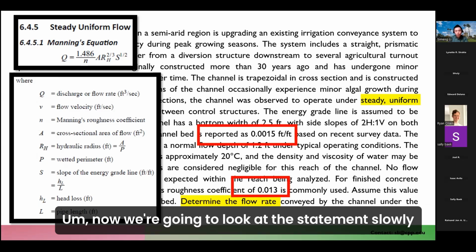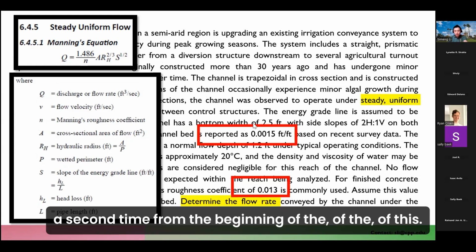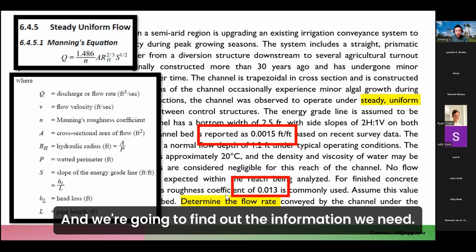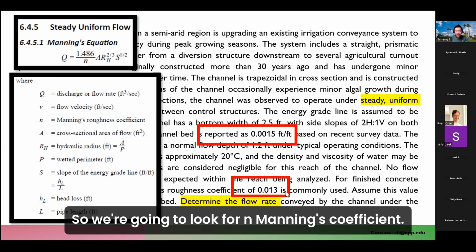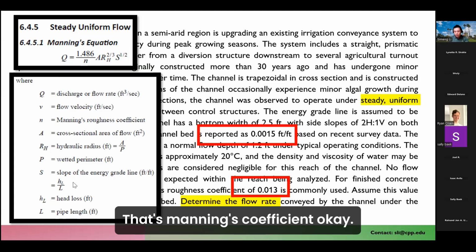Now we're going to look at the statement slowly, a second time from the beginning, and find out the information we need. So we're going to look for n, Manning's coefficient. We have that circled, 0.013. That's Manning's coefficient.